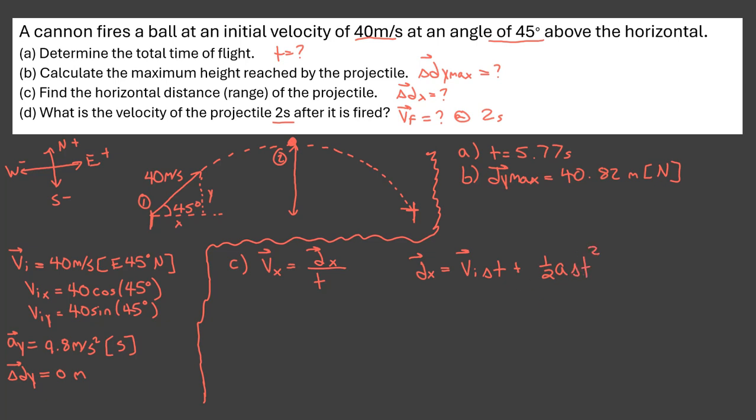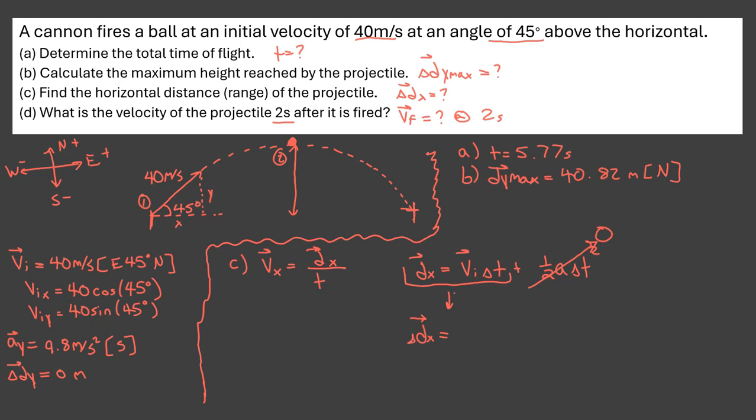Because I have no acceleration in the x dimension, this whole term goes to 0, right? So I'll just be left with this, which when we rearrange this, it's the exact same thing. If I multiply both sides by time here, I'm going to have displacement equals velocity times time.